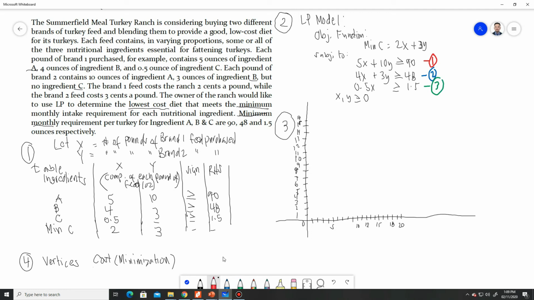For equation 1, we substitute x as 0, we get y as 9. If y is 0, we get x as 18. So for our first line, we have y 9 and x 18.